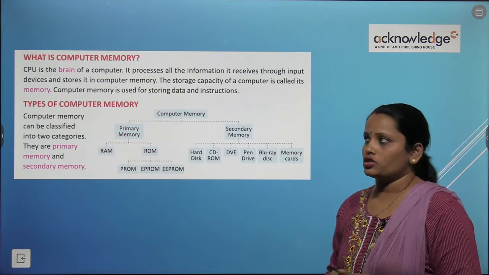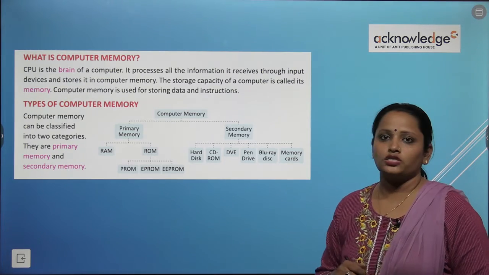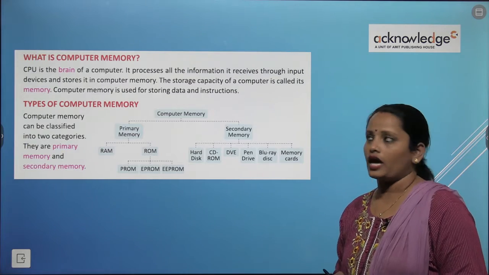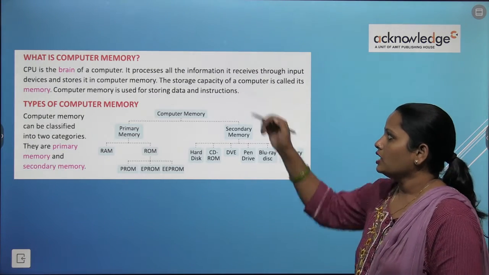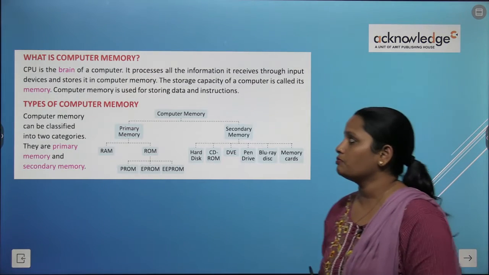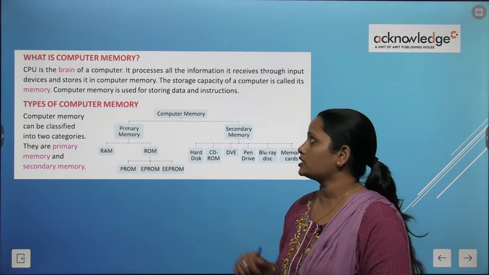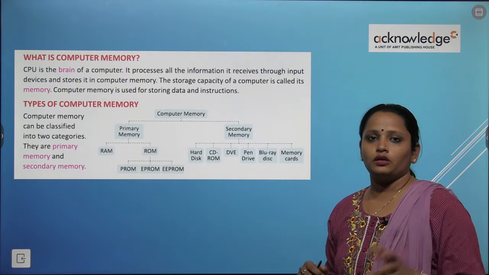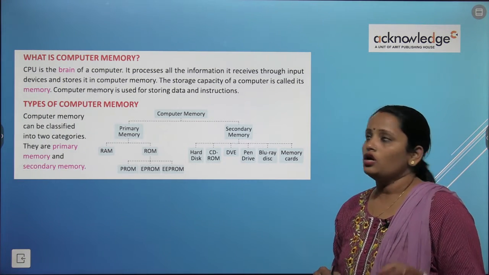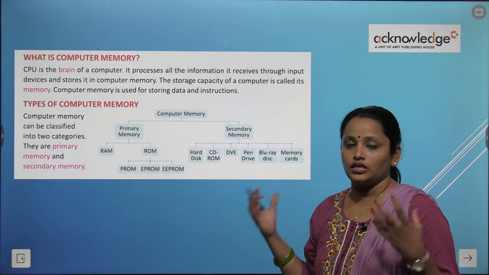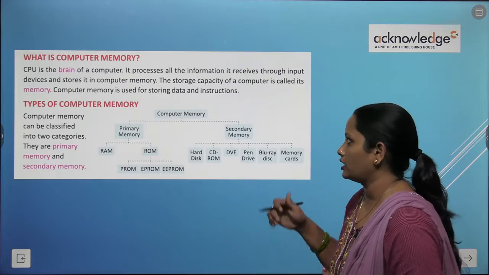What is computer memory? CPU is the brain of computer. हमने बचपन से पढ़ा है कि CPU is known as the brain of the computer. It processes all the information it receives through input devices and stores it in computer memory. So CPU क्या करता है? हम जो भी input devices रहते हैं उनके थ्रू जो भी हम information CPU को भेजते हैं वो उसे याद करके रखता है, उसे store करके रखता है.